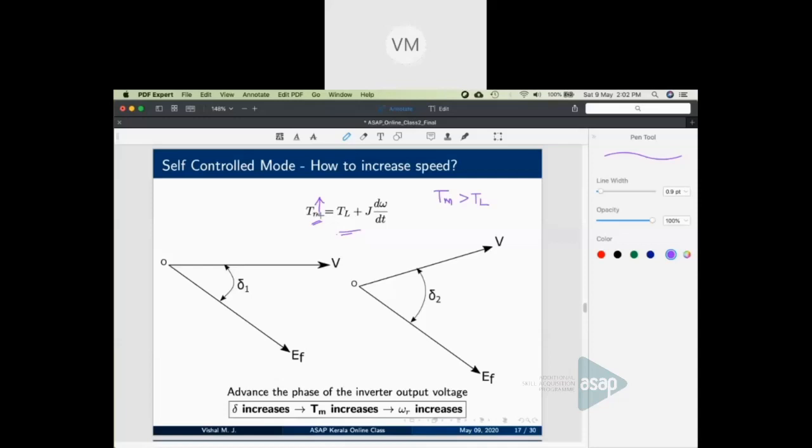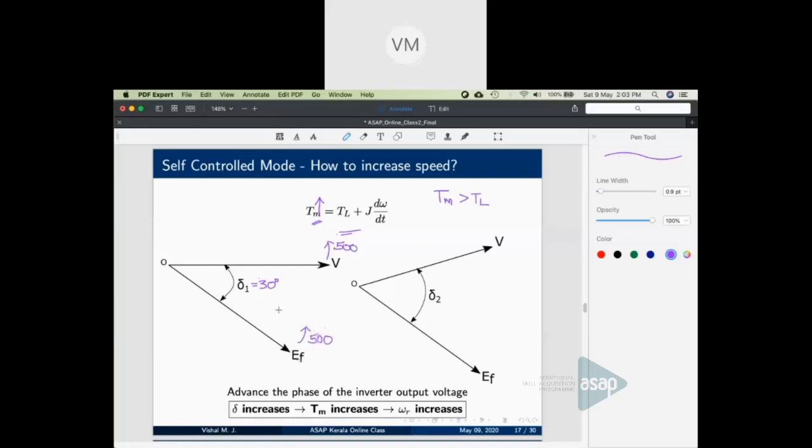Then what can we do? For torque to increase, your delta has to increase. See, suppose the machine is operating with EF and V at an angle delta. Let it be 30 degree. Both are rotating at, say, 500 RPM. I want to increase the speed of this machine to, say, 600 RPM.